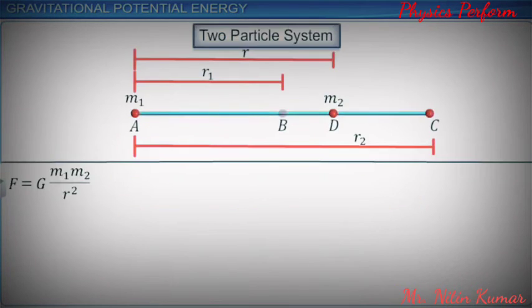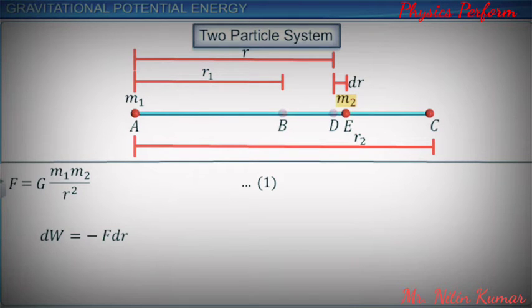If the particle is moved through an infinitesimally small distance, dr, as shown, the work done by the gravitational force on the second particle is denoted by minus F dr. On substituting F in this expression, you get minus G m1 m2 divided by r squared into dr. Let this be equation 2.